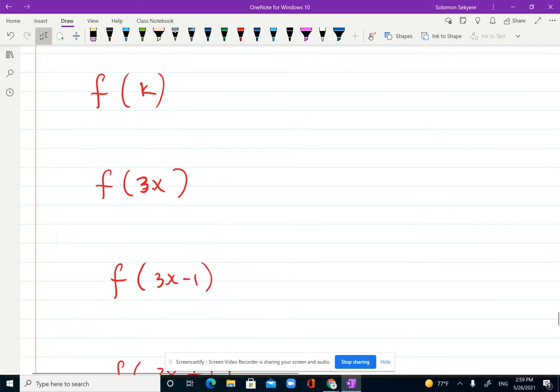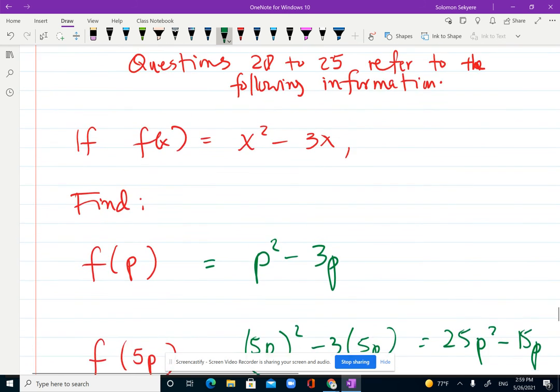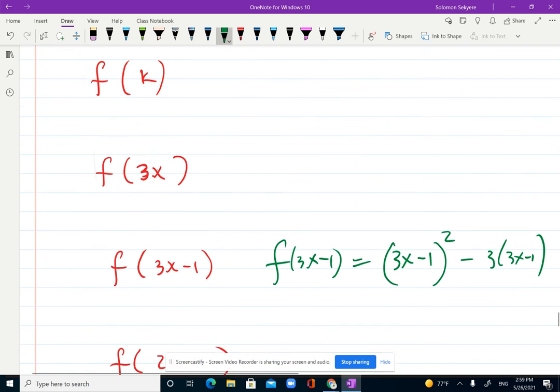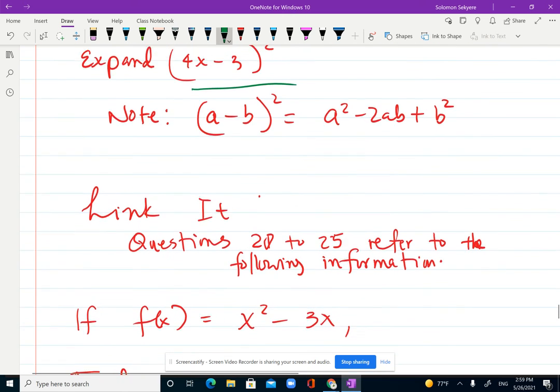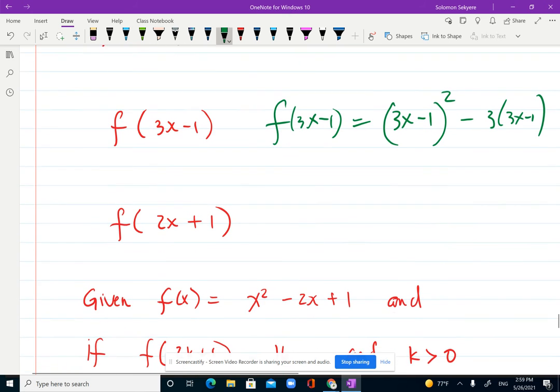And then here, when you're asked to find f of 3x minus 1, it is the same as 3x minus 1 all squared. See that wherever there is x, you put that function there, minus 3 times 3x minus 1. How do you expand this? That is why I asked you to do these exercises up here. All right, how do you expand that?